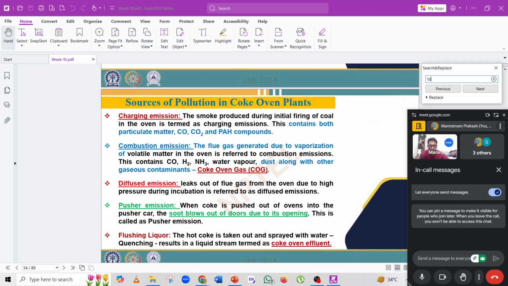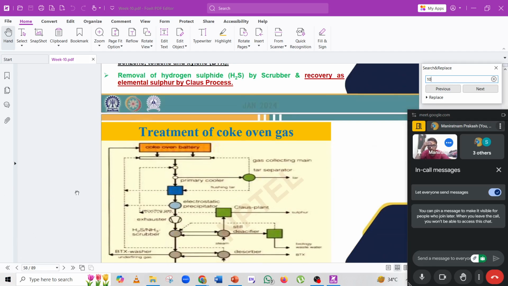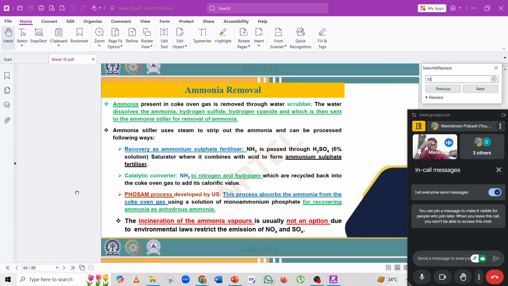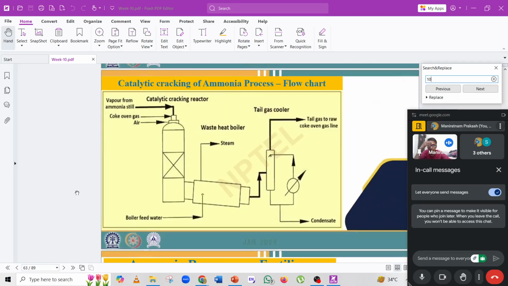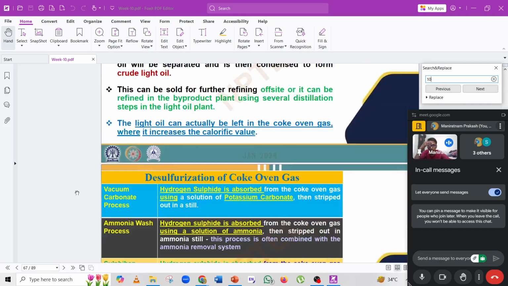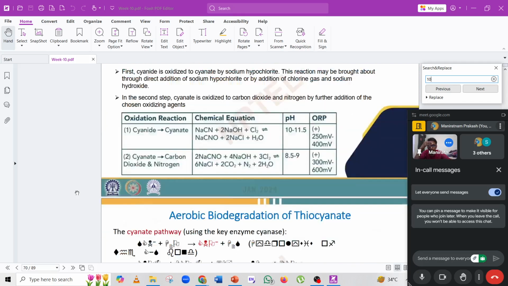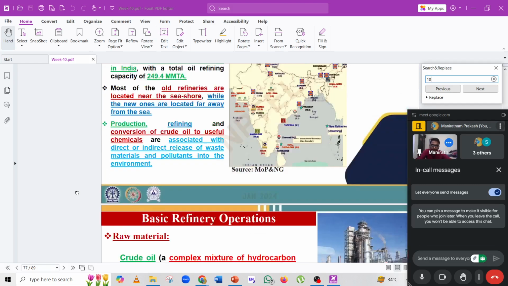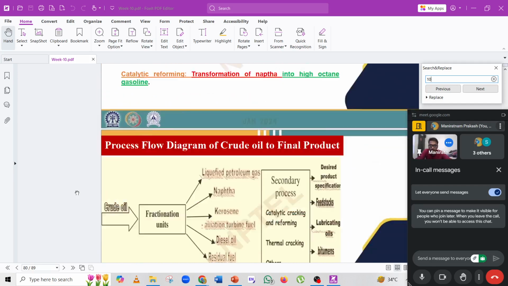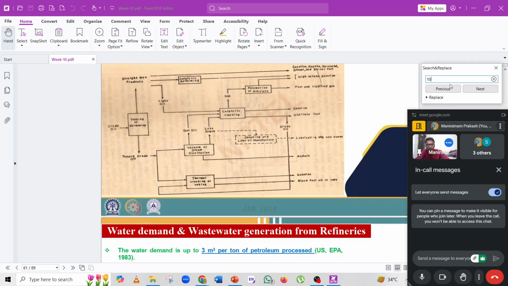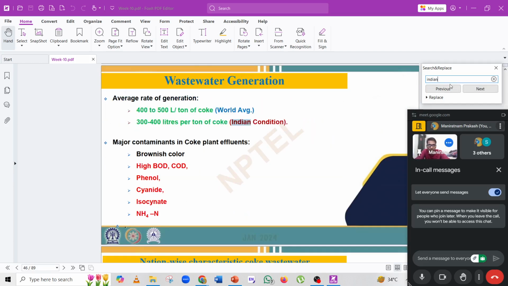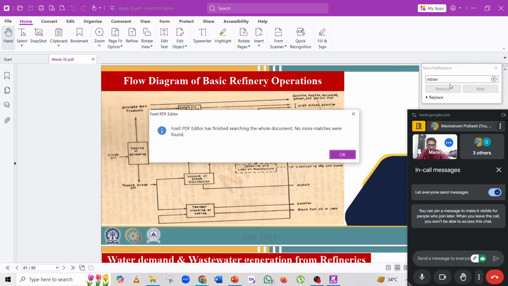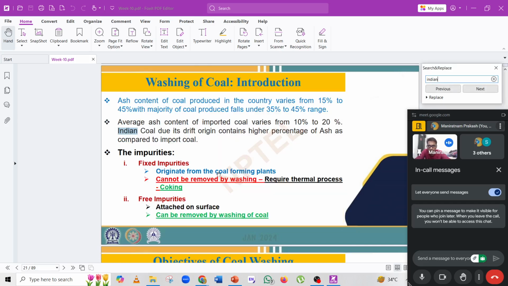If anyone has gone through the lecture, can you name the IS code which deals with the industrial wastewater limit? Anyone? I'm not able to search it.